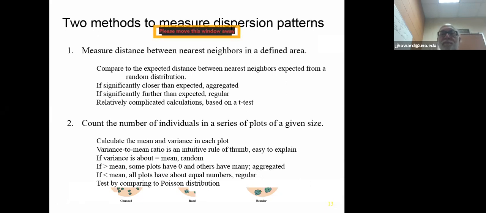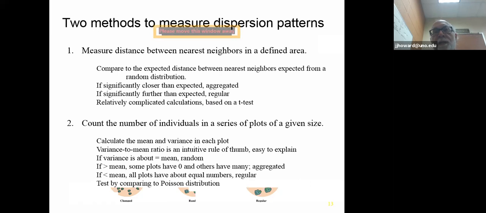So you test that by comparing to a random dispersion pattern that you generate using what we call the Poisson distribution. You just use the mean of the number of individuals in a plot and plug it into this distribution generator, and it gives you some numbers that you can test as an expected value.